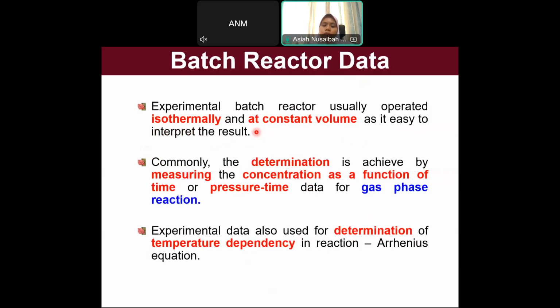The volume will always be constant, and you control the temperature. Commonly, the determination is achieved by measuring concentration as a function of time, for liquid, or pressure-time data for gas phase reactions. Experimental data is also used for determining temperature dependency in a reaction using the Arrhenius equation. I think I have already explained this one in our previous class.